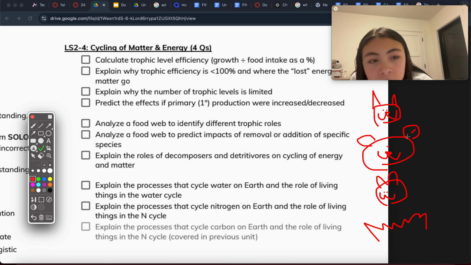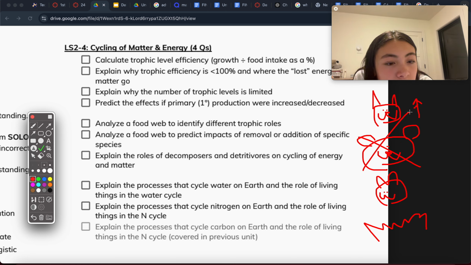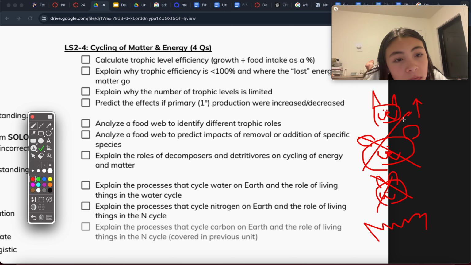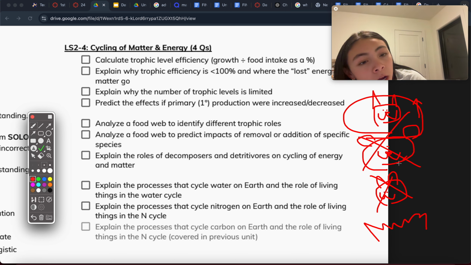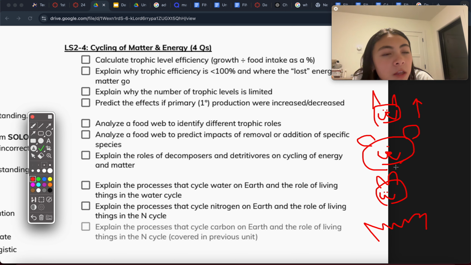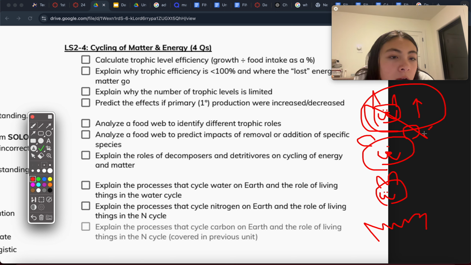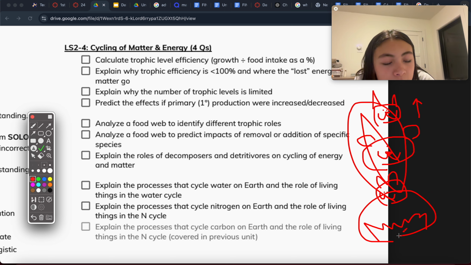If this number were to increase, well, I guess bears aren't really a good example. Let's pretend that the wolves eat the bears. If this number increases, then this number would decrease, which means this probably would also eat this one. The top person in the food chain will overeat their food, and then they'll be left with nothing, and they will kill themselves ultimately. So then you just have producers.